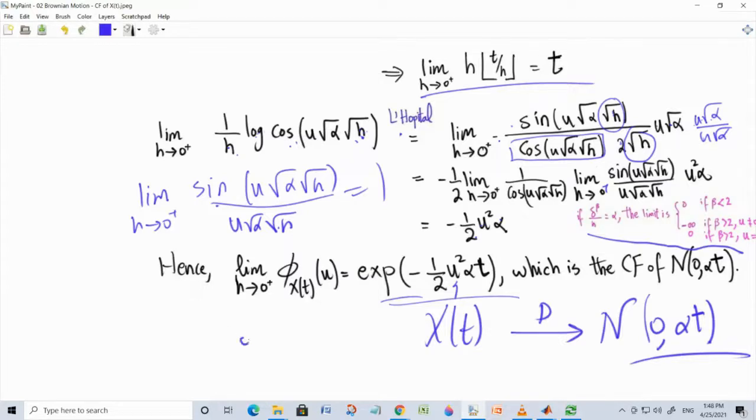So rather than having delta squared over h fixed, perhaps we can make the square a parameter beta. Okay, so when beta is equal to 2, this is what we have just finished. Perhaps we can make this beta and make this equal to alpha. Okay, so that's a generalization.